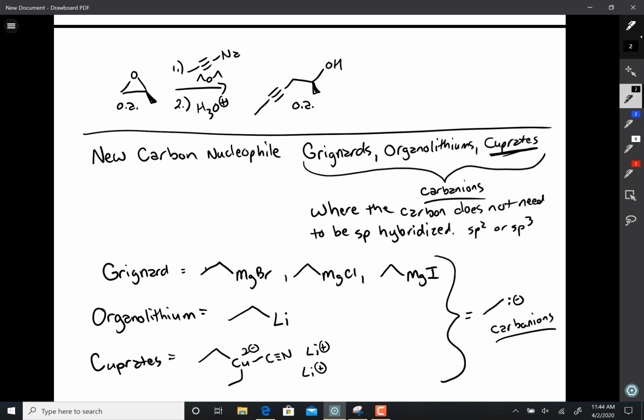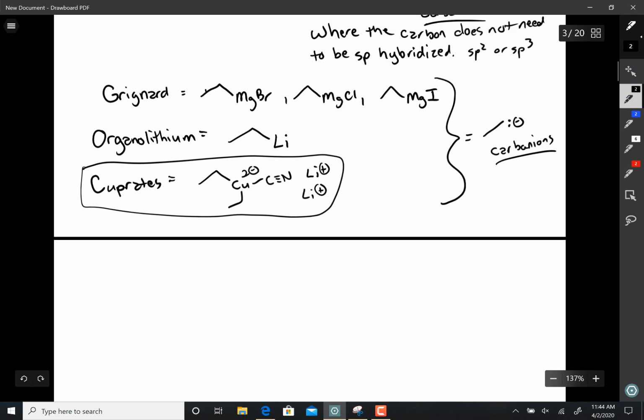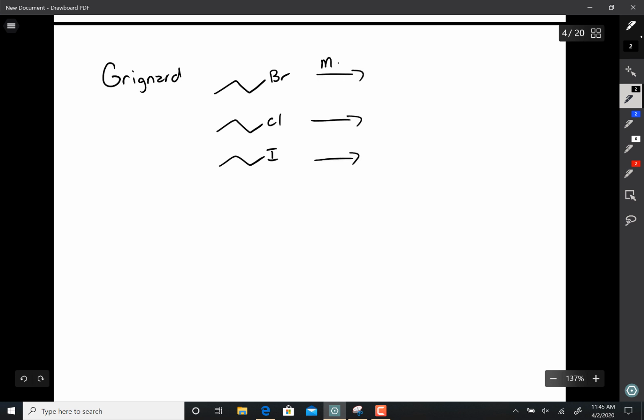So, how to make these? We'll worry about the cuprates a little bit later. Let's talk about making the Grignards and the organolithiums first. So the way to make a Grignard is you take a bromide or chloride or an iodide and you treat it with magnesium metal in ether.